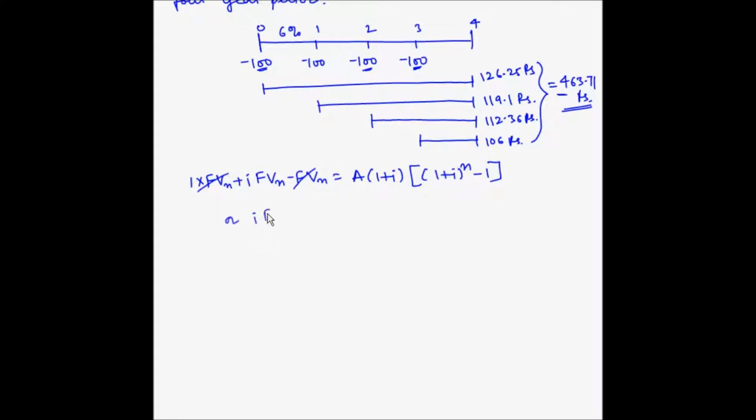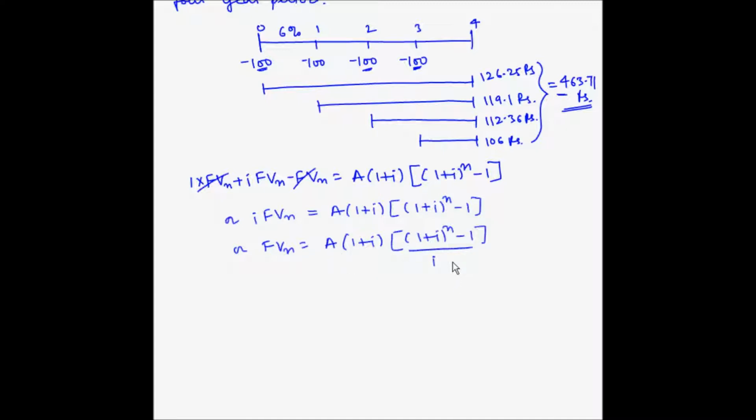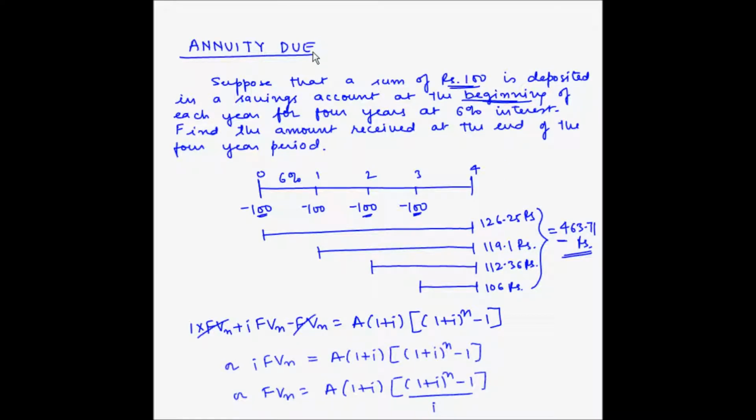So I into FVN is equal to A into 1 plus I into 1 plus I to the power n minus 1, or FVN is equal to A into 1 plus I into 1 plus I to the power n minus 1, and we'll bring this I on the other side, so divide by I. So this is the formula to calculate the future value of an annuity at the end of n years in the case of annuity due.